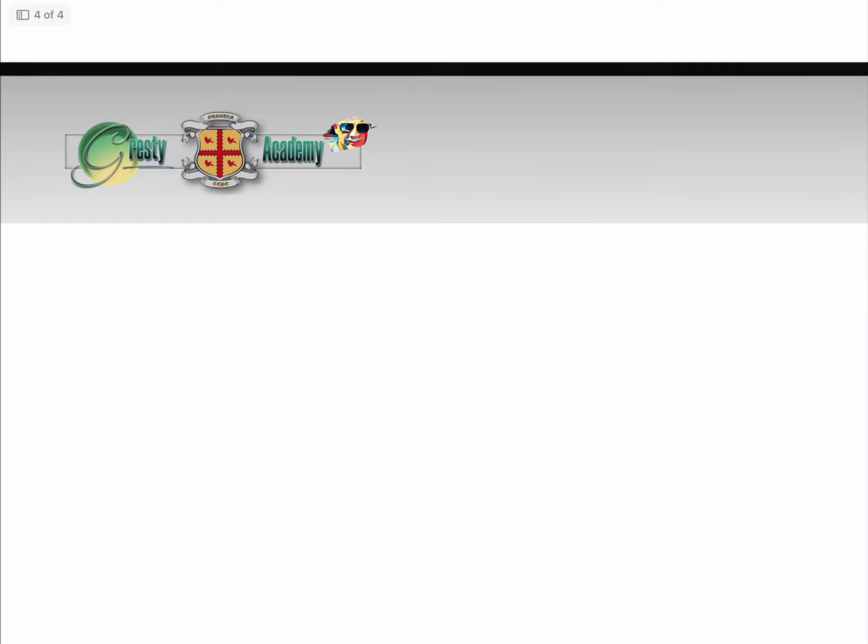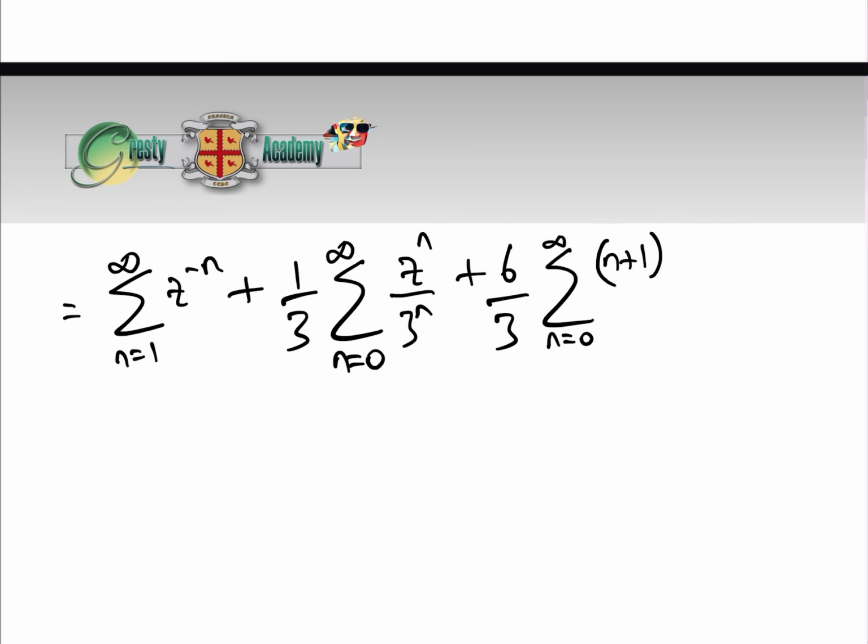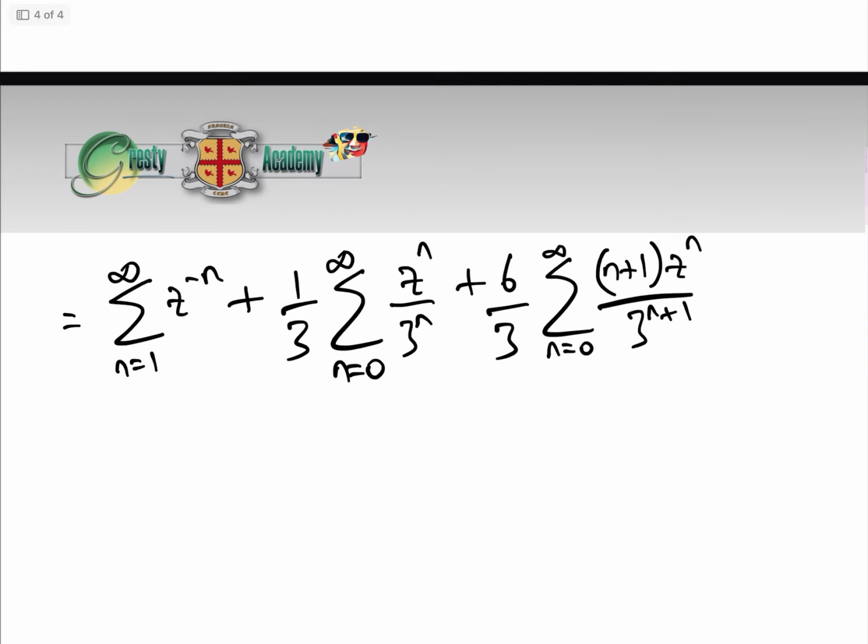So basically what we have for the whole Laurent series is the sum from n equals 1 to infinity of z to the minus n, that is the 1 over 1 minus z bit, add 1/3 the sum from n equals 0 to infinity of z to the n over 3 to the n, add 6 over 3 the sum from n equals 0 to infinity of n plus 1 z to the n over 3 to the n plus 1.